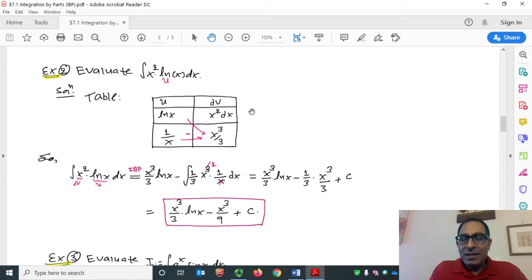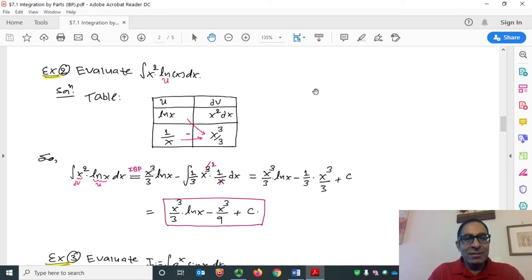The derivative of ln x is simply 1 over x, but the integral of ln x is x ln x minus x. We have to use IBP to find the integration of ln x. So that's one reason I pick u equals ln x.